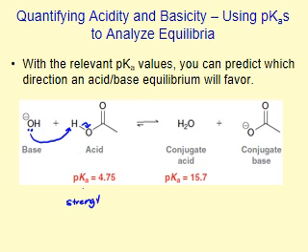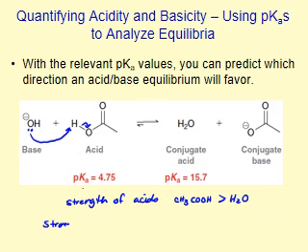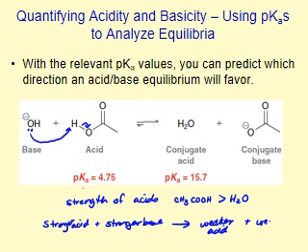So in terms of the strength of the acids, acetic acid is stronger than water. And in an equilibrium, you're always going to have the stronger acid plus the stronger base forming the weaker acid and weaker base.